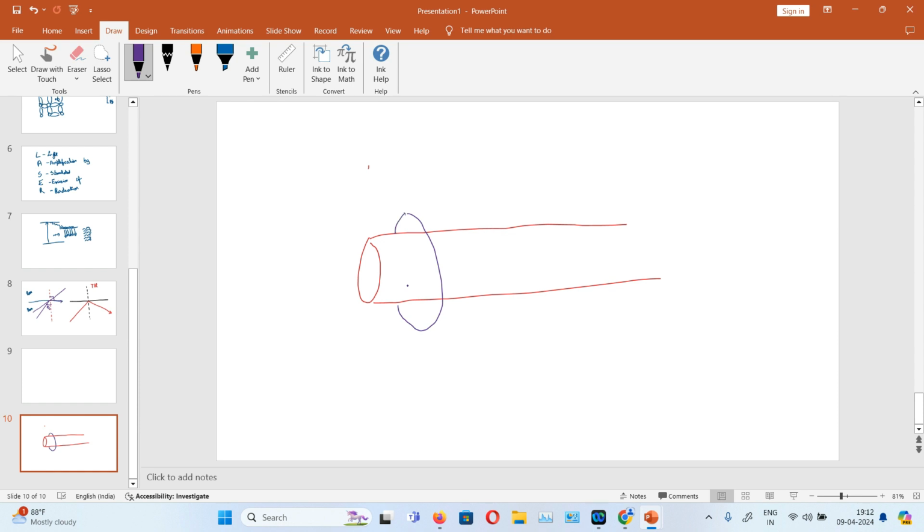Dense and rarer are based on refractive index, not on material density. Dense medium means high refractive index, rarer means lower refractive index.